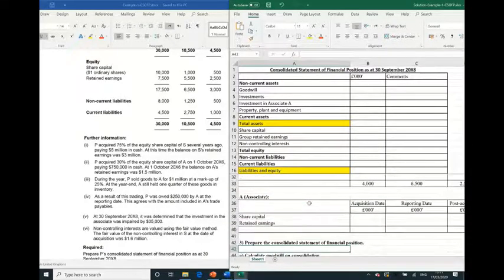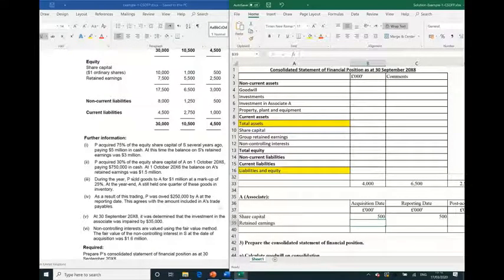So we have the associate. For the associate, the share capital is 500,000, and this is the same amount at both reporting date and acquisition date. So we assume there is no change in the capital. And if we see this further information II, we have here the retained earning at acquisition date.